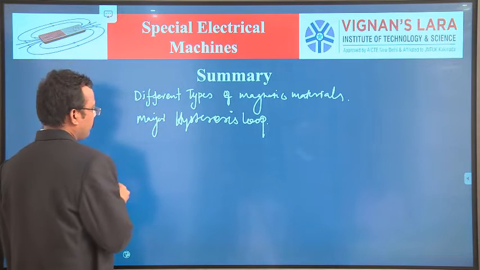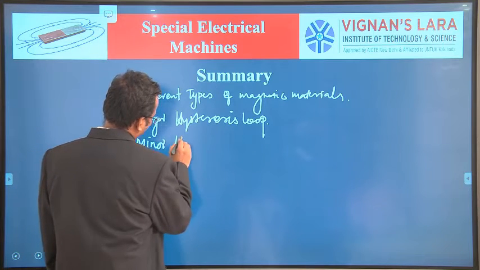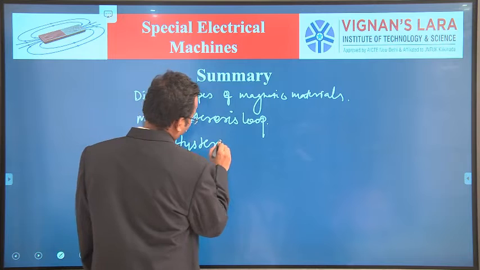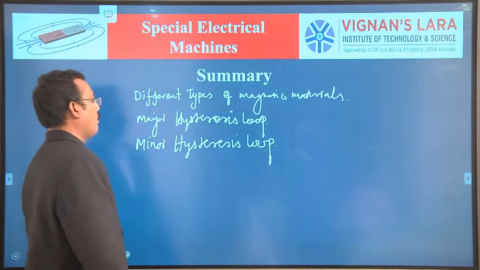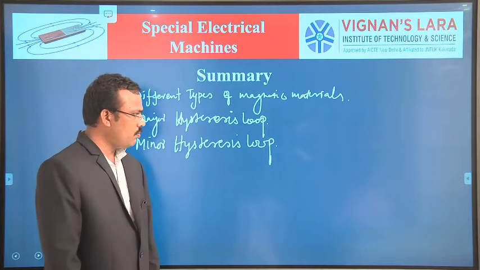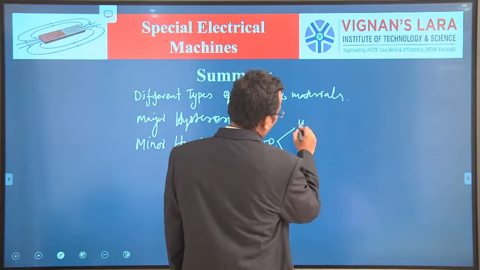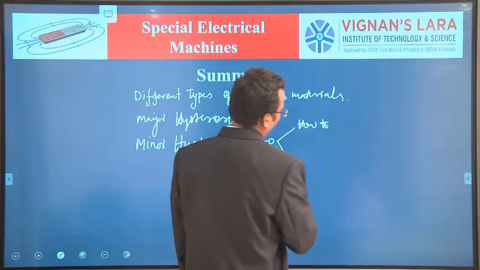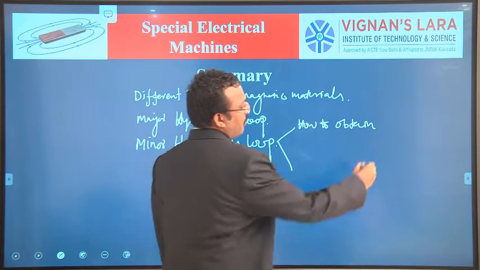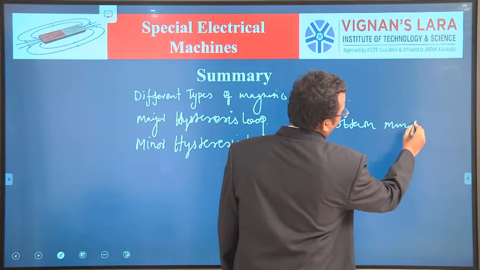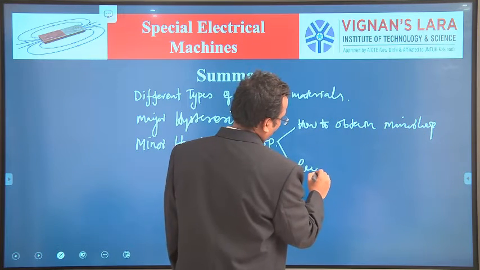Third is the minor hysteresis loop. In the minor hysteresis loop, we also discussed how to obtain the minor loop and the recoil line.